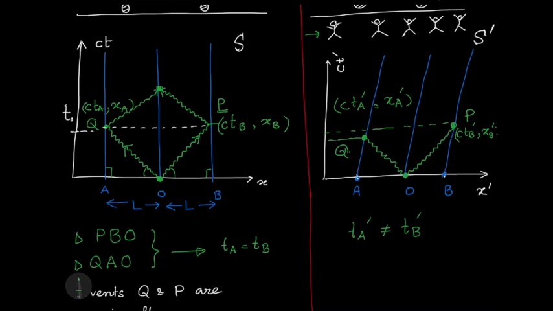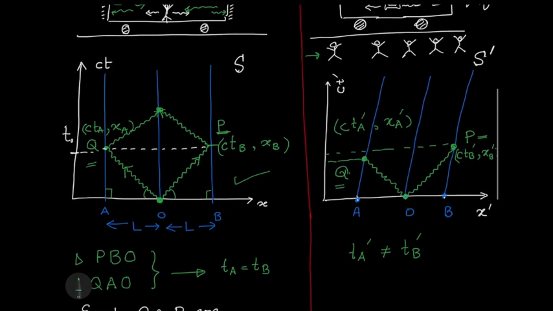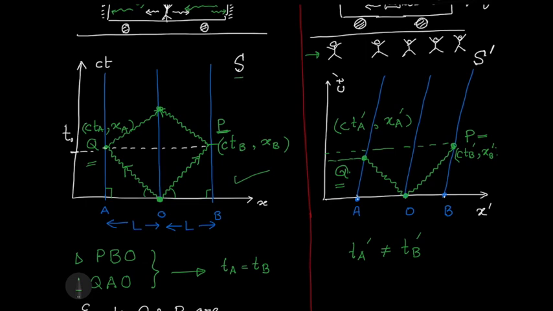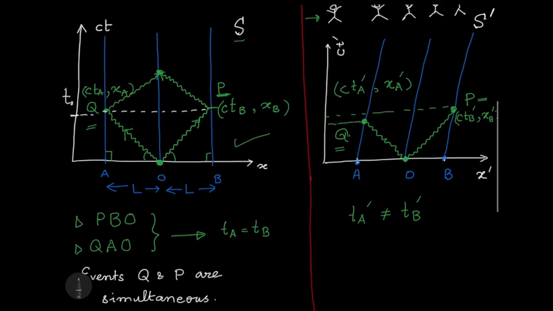See, mind you, it doesn't mean that Q and P are different events. They are exactly the same events as in here. This Q is the exact same event as in here. This P is the exact same event as in here. But when this set of observers in the S frame come and compare, they see that the time for the event P and the event Q they recorded are the same.